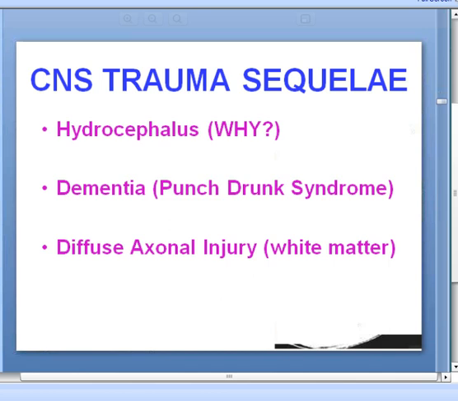Do you remember we told you that the CSF fluid is absorbed by the pachyonian or the arachnoid granulations? Well, let's say there's been a lot of hemorrhage in that area and the granulations aren't working anymore. Therefore, you will have the decreased ability to reabsorb cerebrospinal fluid and therefore have a hydrocephalus.